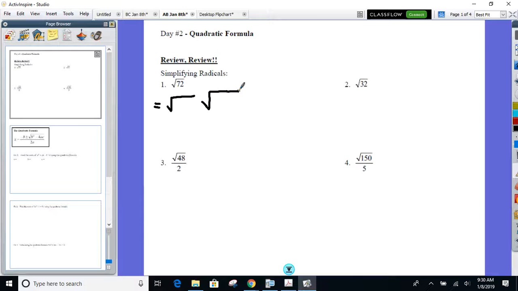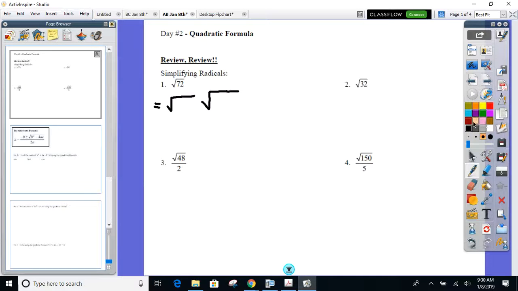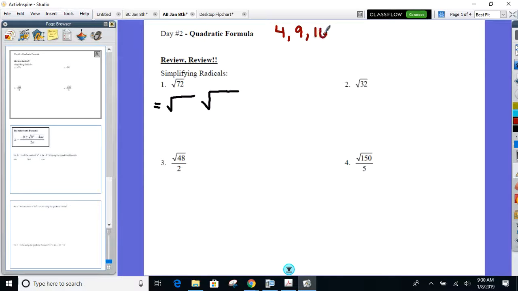Now, when I say perfect square, I know some of you are like, what the heck does he mean? So let's list out real quickly, what do I mean by a perfect square? I always start with 4, 9, 16, 25, 36, 49, 64, 81.